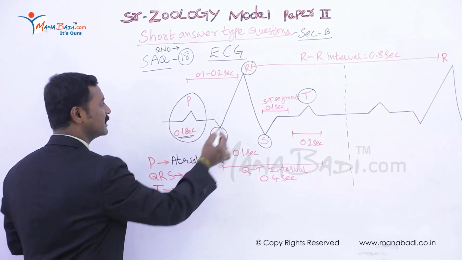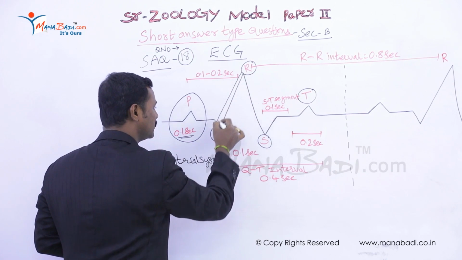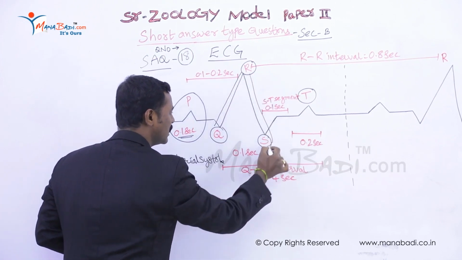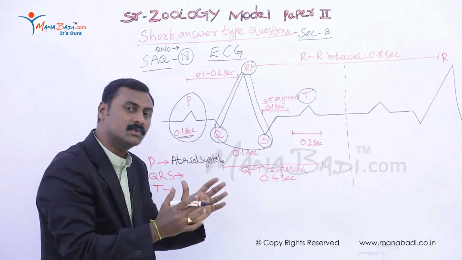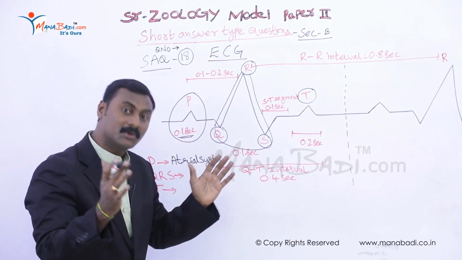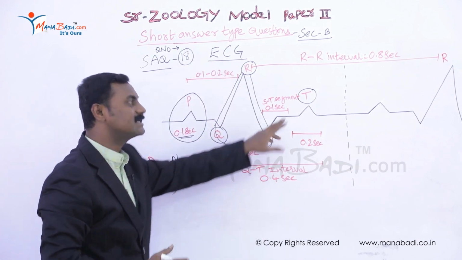Okay, after that you can see a big complex, the QRS complex. From here to here you can say that this is all about the QRS complex. You should not say individually QRS, you should say QRS complex. So this is P wave, QRS complex, T wave.